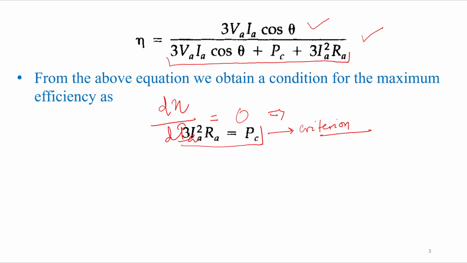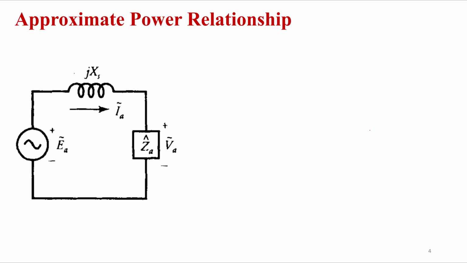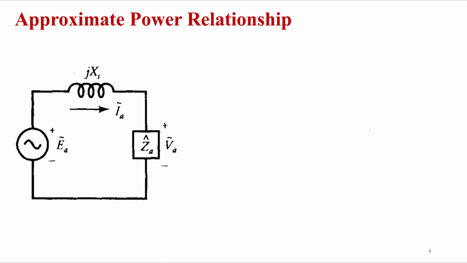Everybody got this? Now we'll see the approximate power relationship. What is this approximate power relationship? Here we are actually neglecting the resistance of the armature circuit.